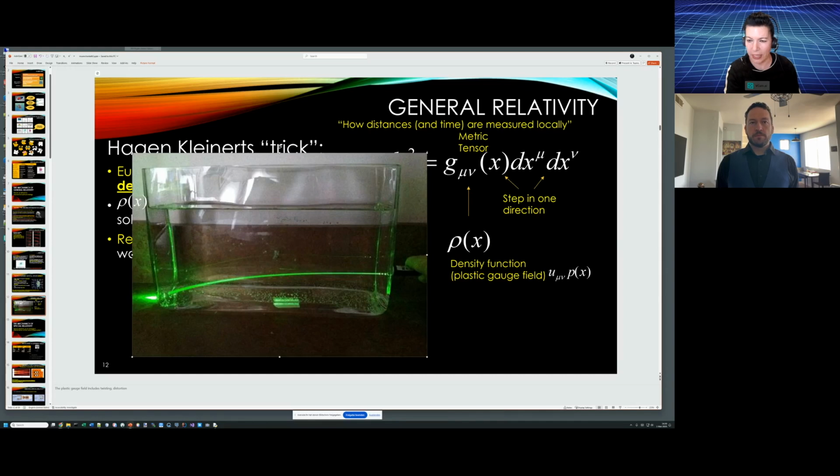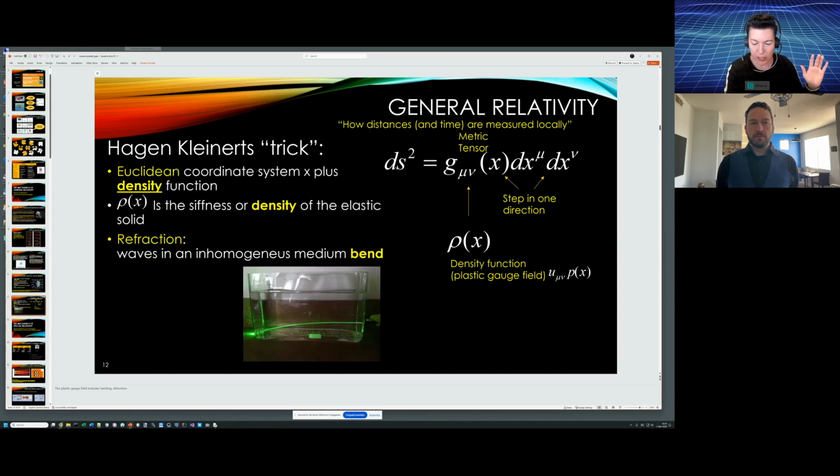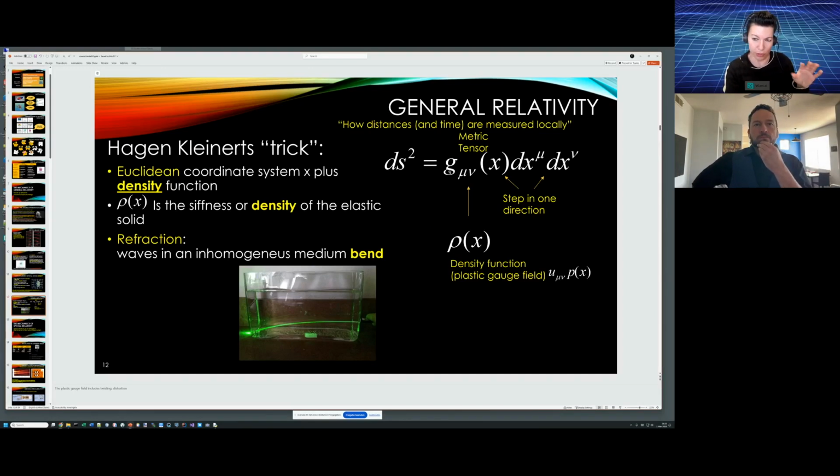I'm not going to go more into formulas, but when you look at the metric tensor from general relativity, it basically contains the gravitational constant and the mass, telling you how the Minkowski spacetime is curved at that spot. Similarly, we replace this by a density function. To be more specific, it's a plastic gauge field. But anyway, it's related to density, so the density will tell us how much curvature you have at a particular place in the universe.